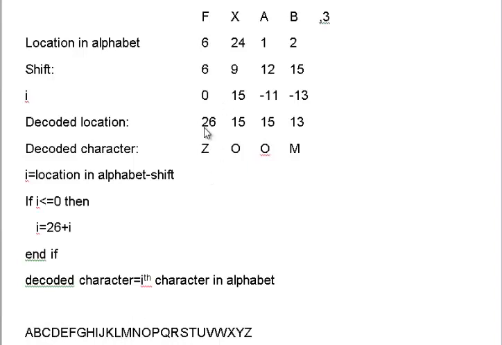So this means that when the encoded message FXAB is given to our app, it has to display ZOOM.